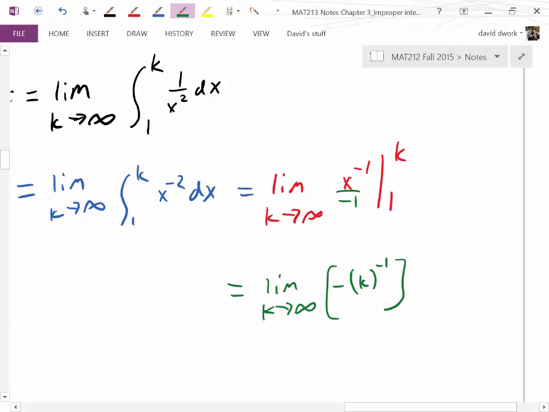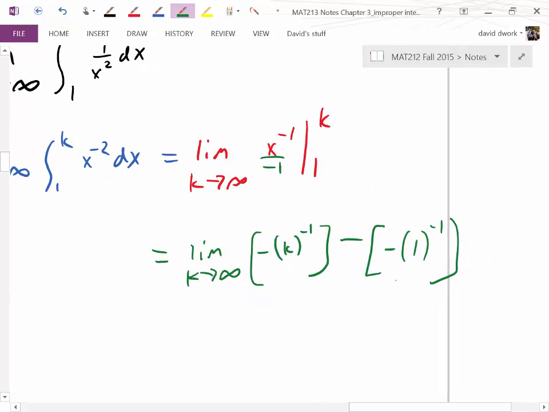Much better. Okay, minus a negative 1 to the negative 1. You'll notice I didn't write the limit for the second part because the second part doesn't have any k's in it. So I only need to do the limit of the first term. The second term, no k's, no limit needed.